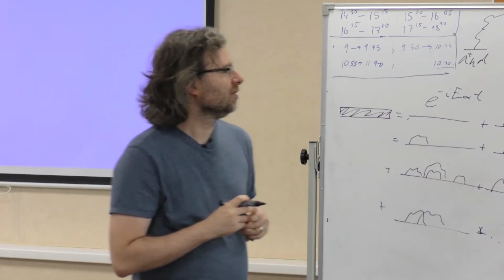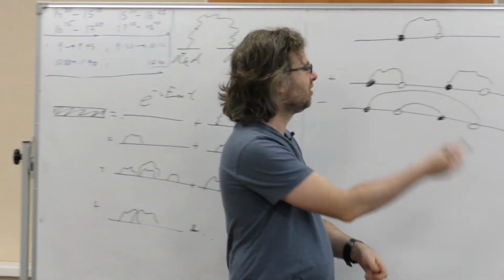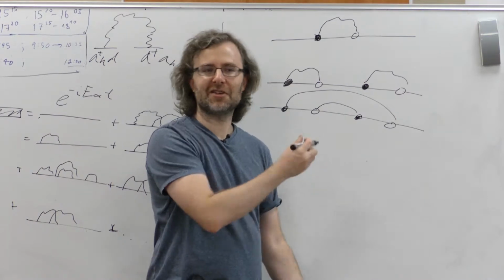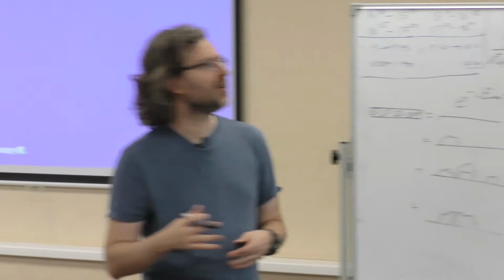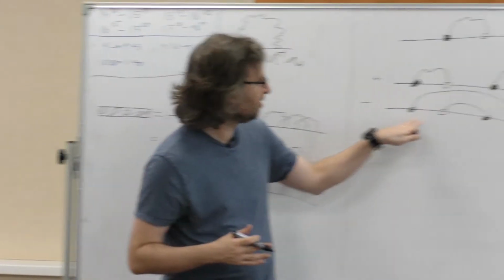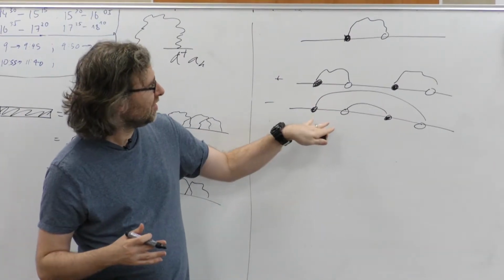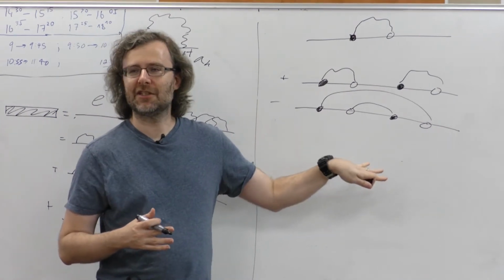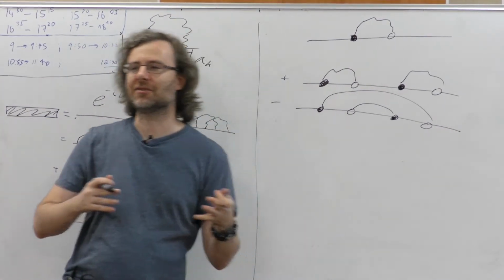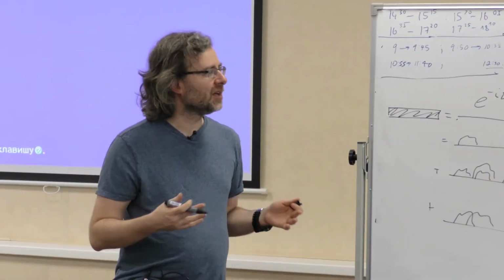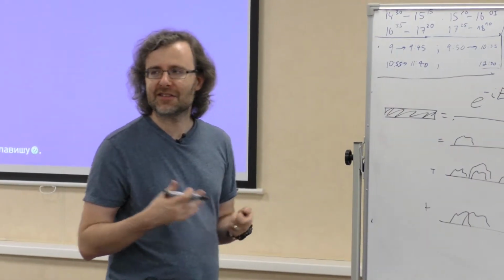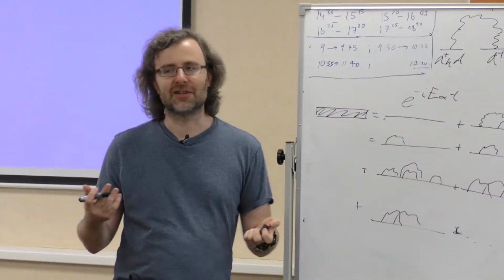In general, for a diagram with 2n vertices, n of which are a's and n of which are a daggers, I'm going to have n factorial diagrams that come out of all the possible permutations of these indices. Now, if I'm summing all of them, then at least in some of the literature, this is called path integral Monte Carlo.